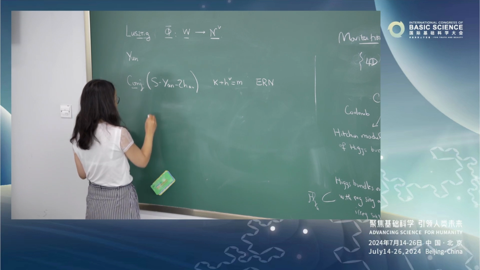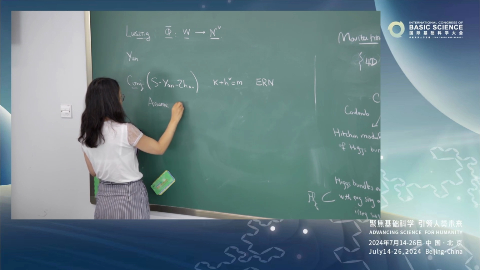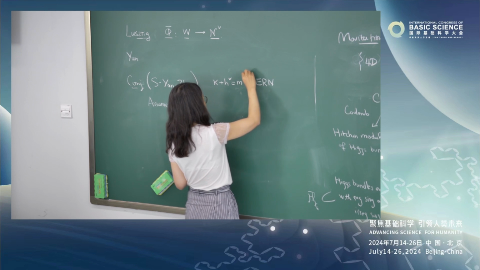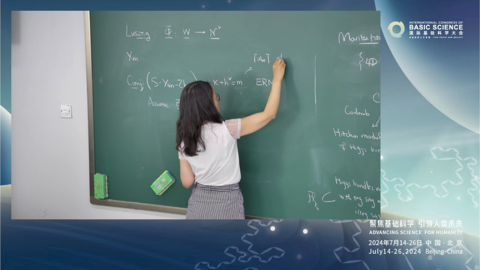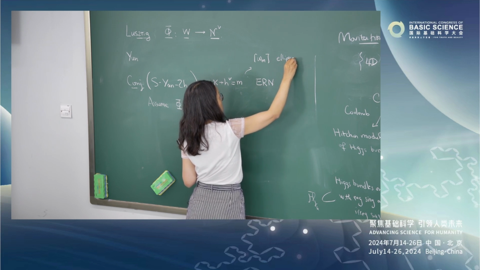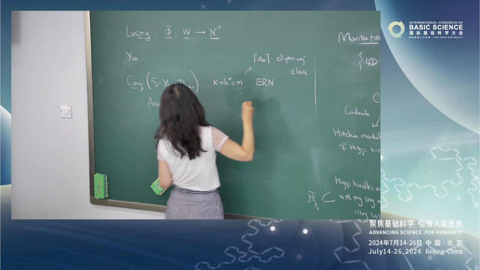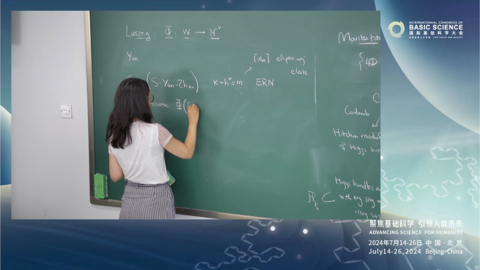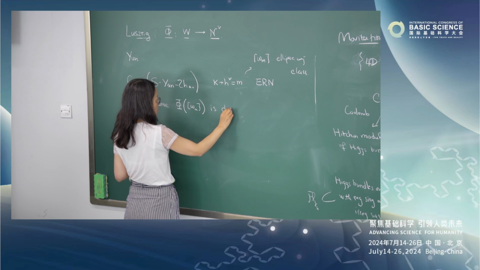Then we assume that there is an elliptic conjugacy class of this order, and you take its image under phi, and you assume this is distinguished.